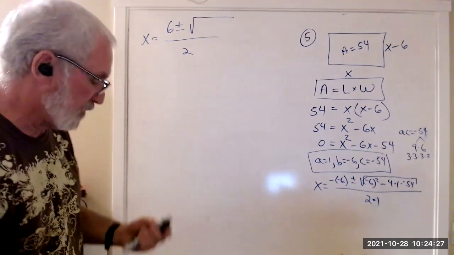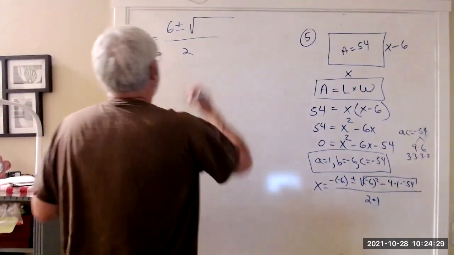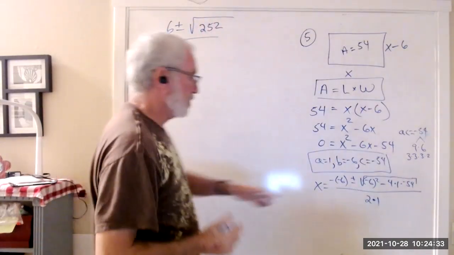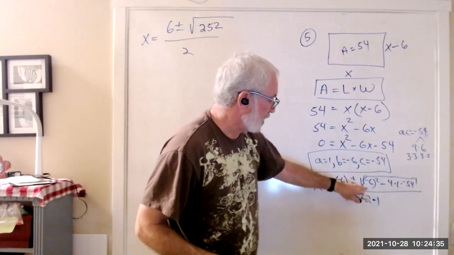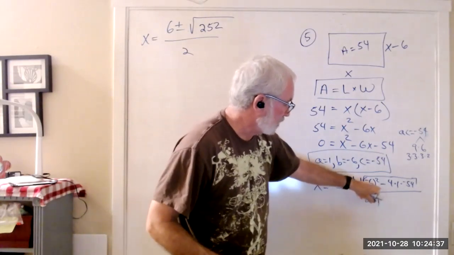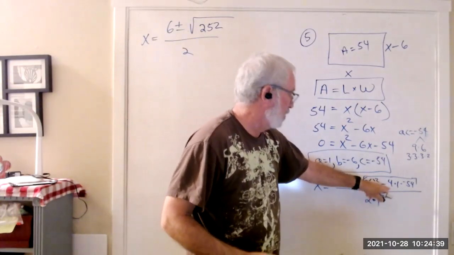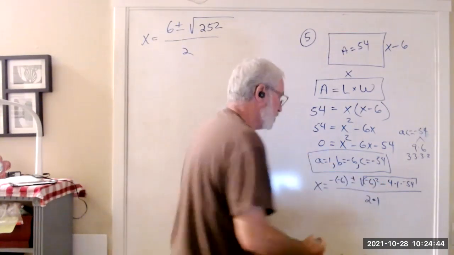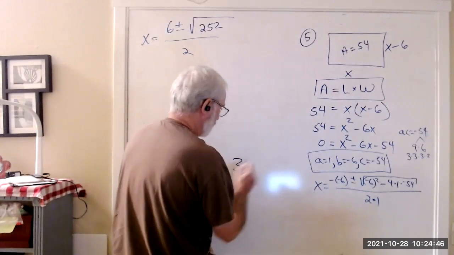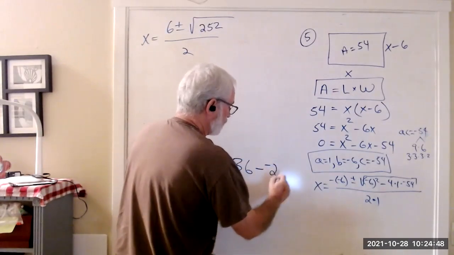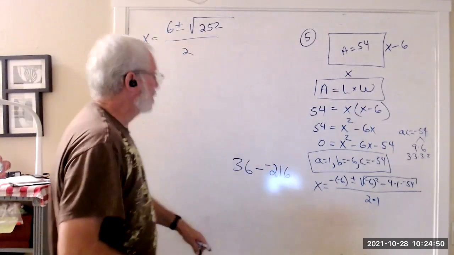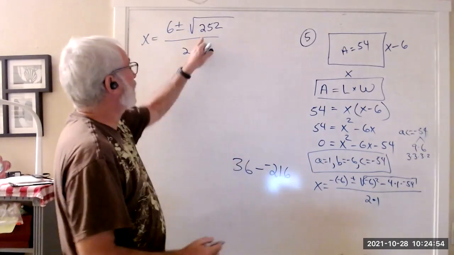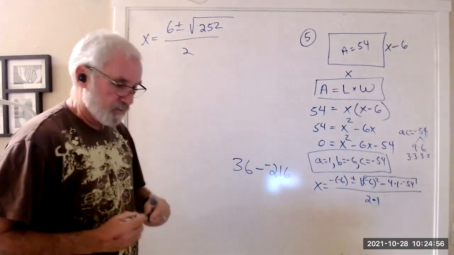I get 252 inside of there, because that's 36 minus a negative 216. So it'd be 36 minus a negative 216. But remember, minus and minus means add them together. So that's why I got 252.